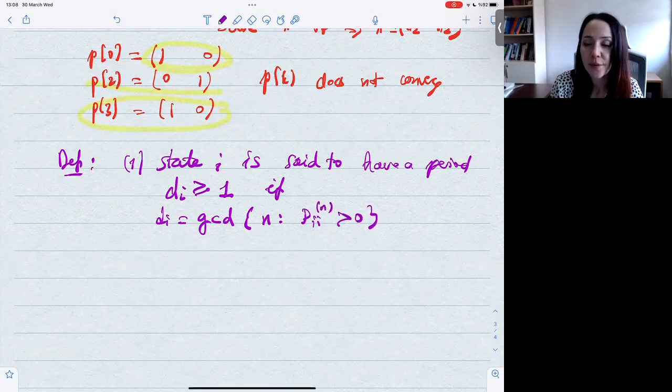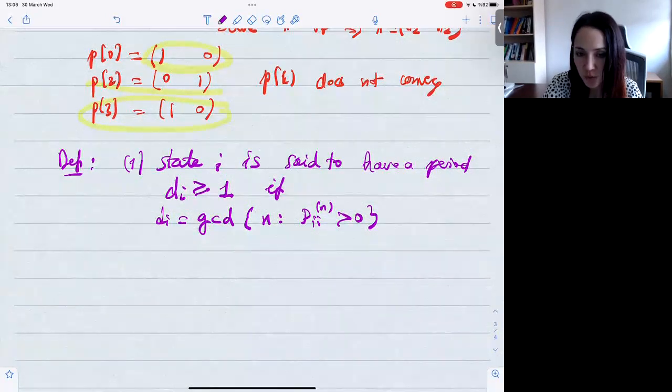Pii(n) greater than 0 means you can go from state i back to state i in n transitions with non-zero probability. Now, if all of those possible numbers of transitions from i back to itself have a greatest common divisor that is bigger than 1, it means that the state i is periodic with that common divisor.